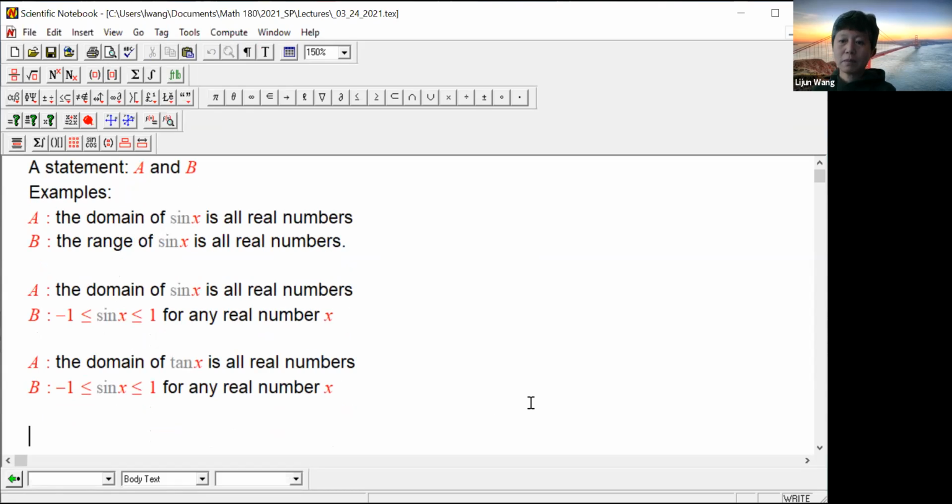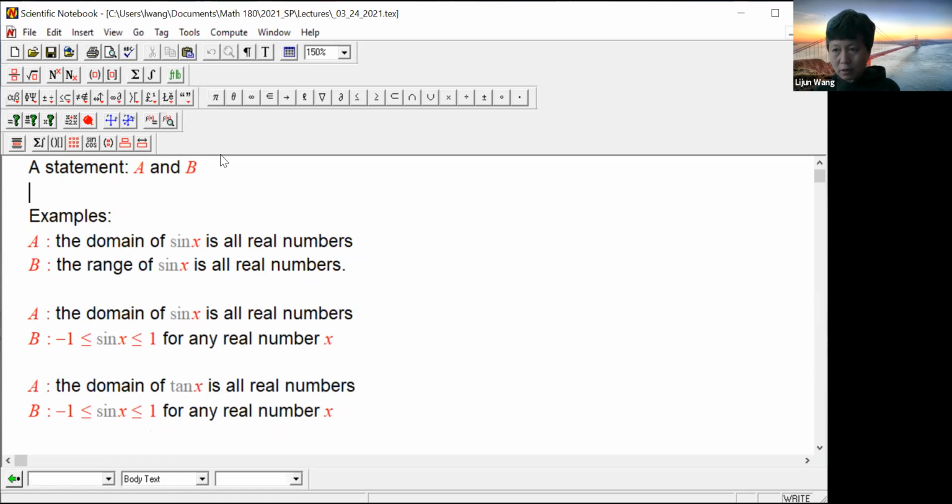But when we put these two statements together, it makes another statement, and we have to judge if the new statement is true or false. And another scenario is we create another statement, which is A or B.